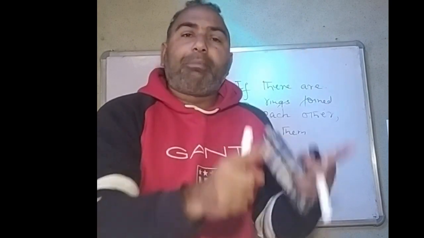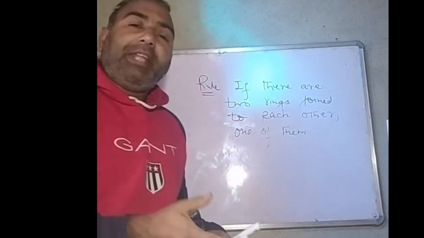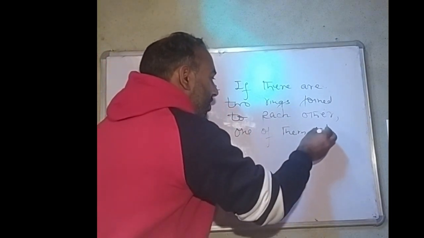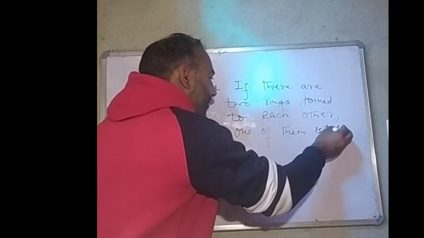Suppose we have 2 rings, they are joined by carbon-carbon covalent bonds. Then one of them becomes a substituent, is taken as substituent.